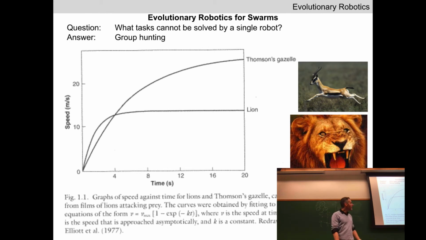If the lion doesn't catch the gazelle within 4 seconds, working on its own, it's never going to catch the gazelle. So big cats and a lot of other species realize, well, I don't necessarily need to work alone, right? If I can hunt in packs, I can start to change the balance of power here, right? So one predator against one prey usually doesn't work.